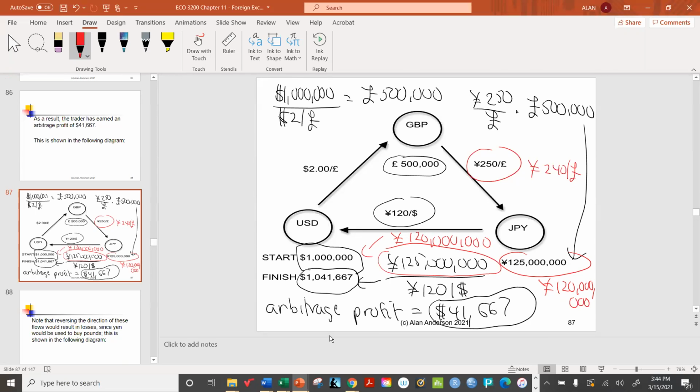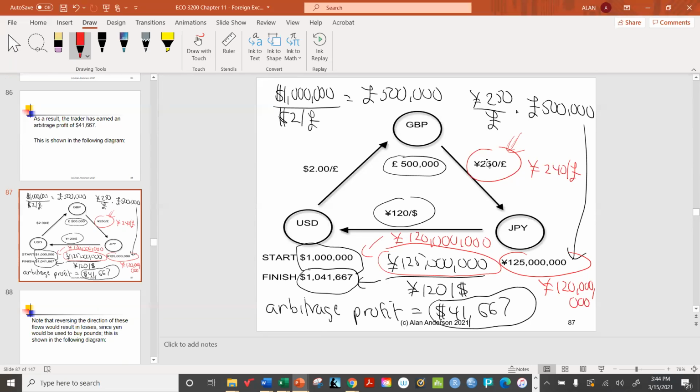Wow, that's scary. It didn't take much. Now, of course, like we saw before, this cannot last for very long because everybody else in the market will see it and start making these trades. And before you know it, this cross exchange rate will have to move back to its correct level. Okay. All right. So this is an example.